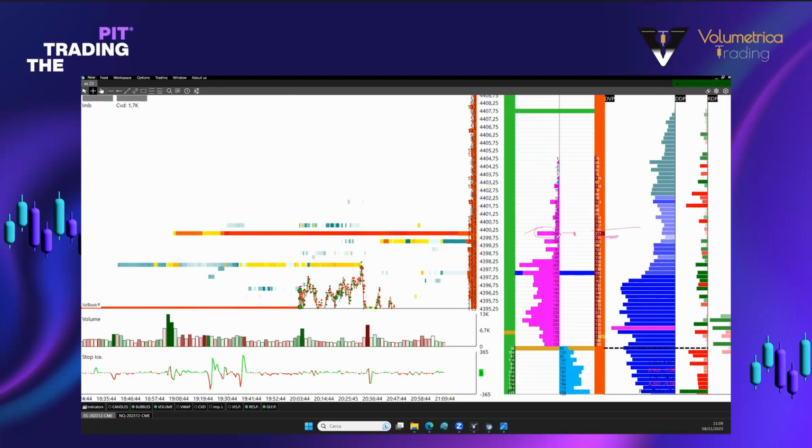That means that before this last change, there were 229 passive sellers here.